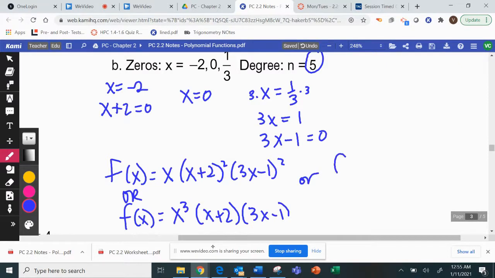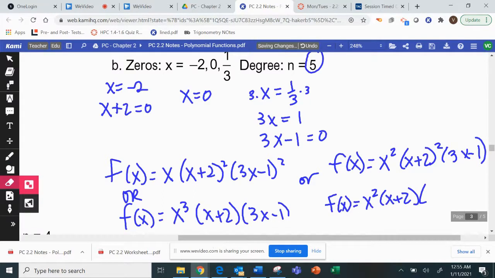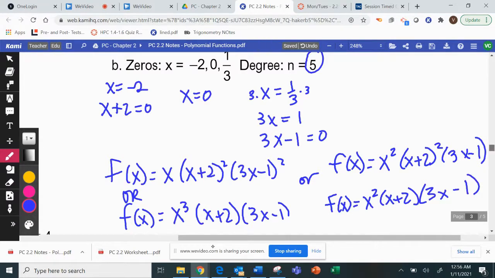Or we could have x squared times x plus 2 squared times 3x minus 1. That would give us 5. And this last one would also give us 5. So all of those would be valid answers.